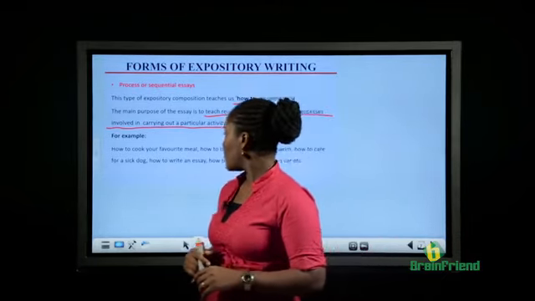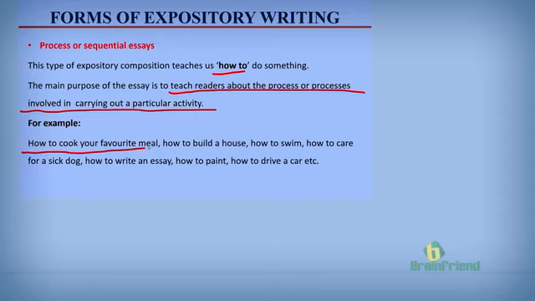For example, how to cook your favorite meal. This, as a subject of an essay, would teach the reader how to prepare that meal step by step. It lists out the various processes involved in cooking a particular meal.